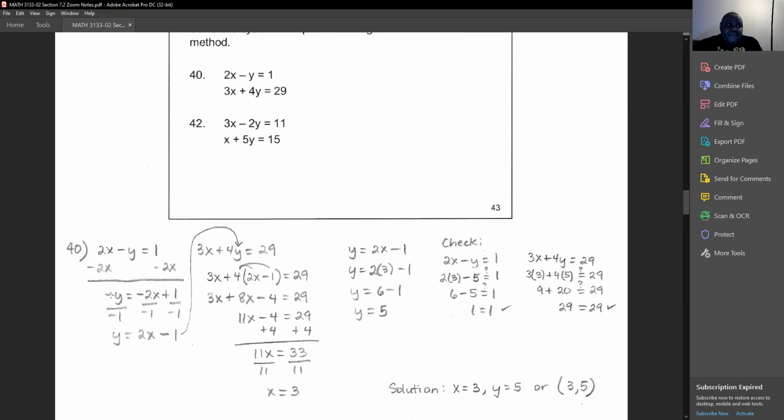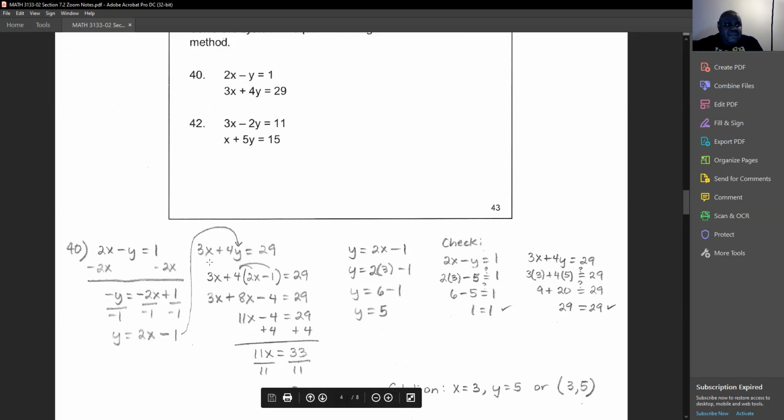But I still got that negative in front of that y. To get rid of that, I had to divide each and every term in that equation by negative 1. So negative y divided by negative 1 gives me positive y, and that's equal to negative 2x divided by negative 1 would be 2x. And then the plus 1 divided by negative 1 would be minus 1. So here we got y is equal to 2x minus 1.